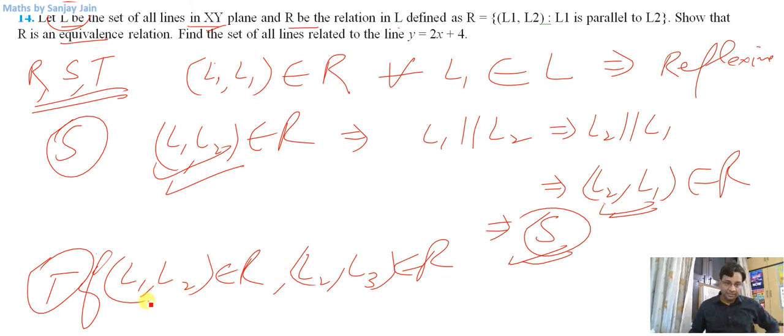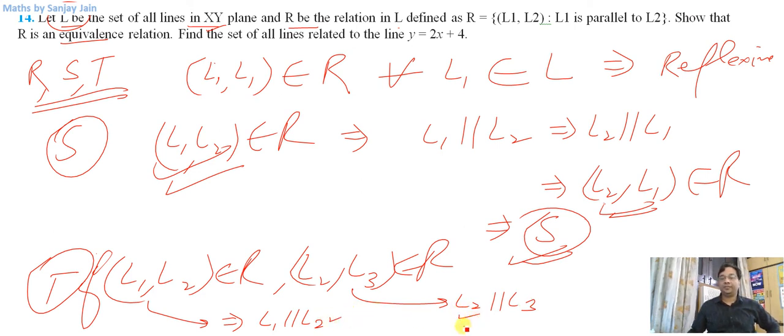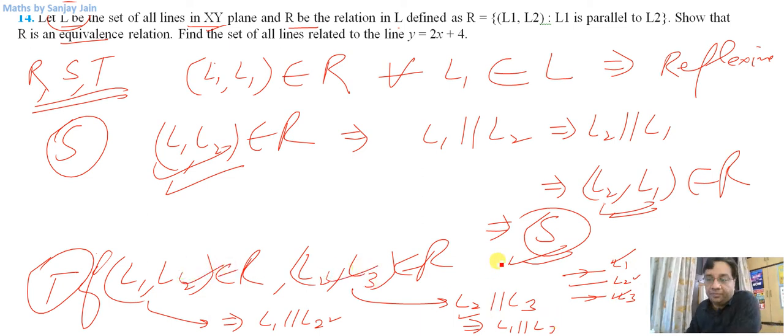So let us check. This implies L1 is parallel to L2. This implies L2 is parallel to L3. So if L1 is parallel to L2, L2 is parallel to L3, this implies L1 is parallel to L3, right? So presence of L1, L2 and L2, L3 implies the presence of L1, L3. So that means it is transitive. Okay.